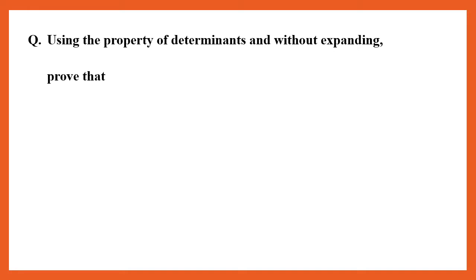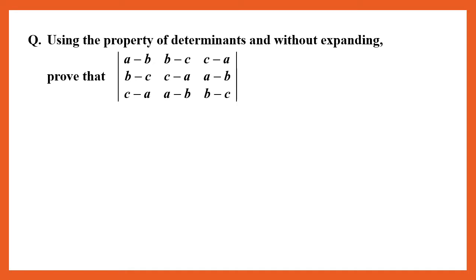Next, using the property of determinants and without expanding, prove that the determinant with rows A minus B, B minus C, C minus A; B minus C, C minus A, A minus B; C minus A, A minus B, B minus C is equal to 0.